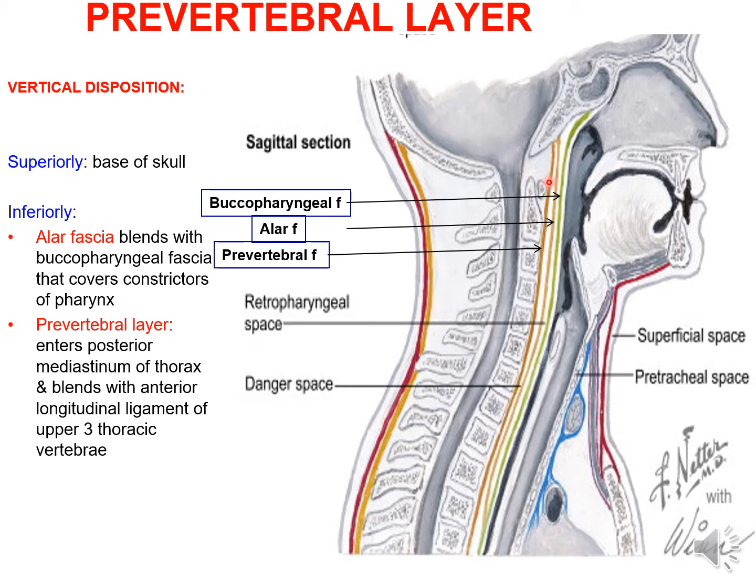Now trace them downward. The alar fascia, you can see here, blends with the buccopharyngeal fascia below, which covers the constrictors of the pharynx.